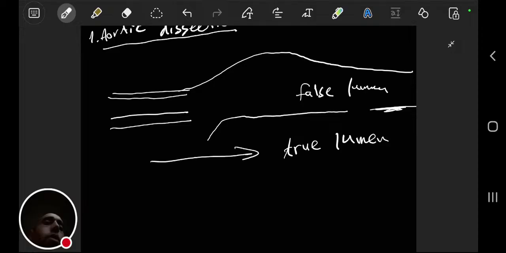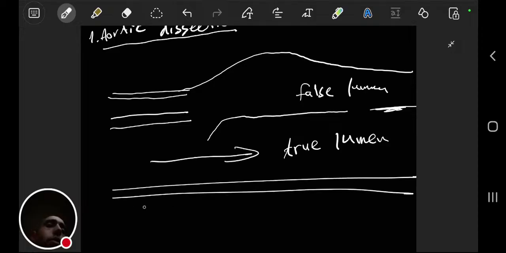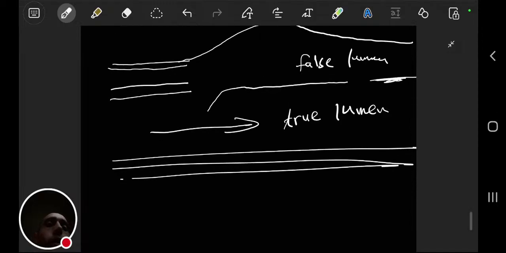Okay, so usually the blood flows normally in the aorta, and on the other side those are the three layers that are normal. Just remember that when I'm talking about the three layers, I'm talking about the adventitia, the media, and the intima. So there is the true lumen, we have the false lumen.